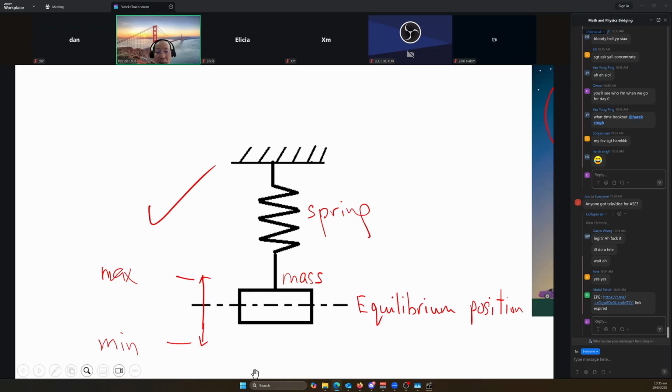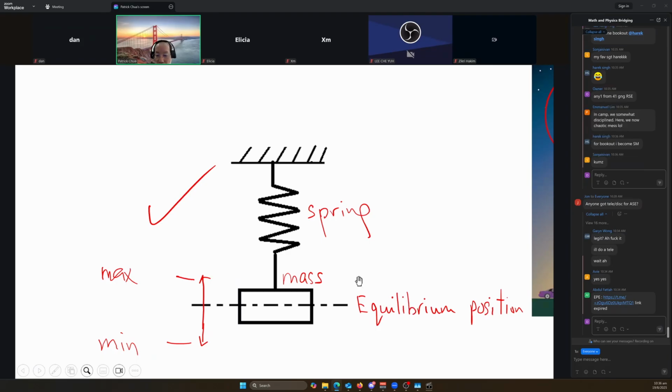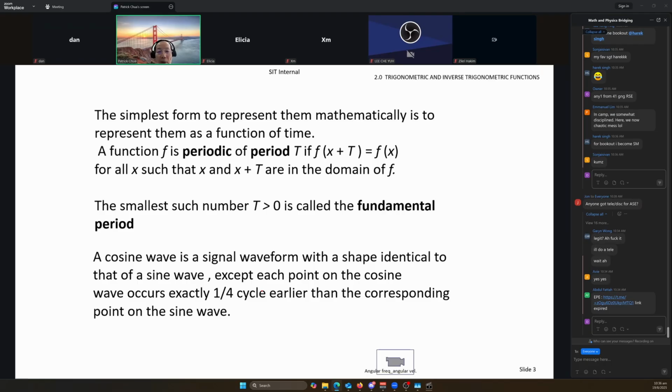The vibration of this mass can be converted to a waveform, either a sine wave or a cosine wave. In other words, sine and cosine waves are called periodic waveforms.